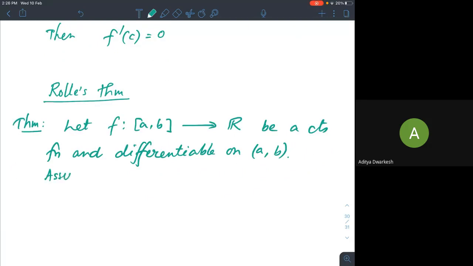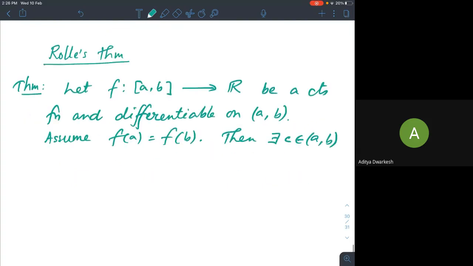Assume f(a) equal to f(b), then there exists a point c in the open interval (a,b) such that f prime of c is 0.